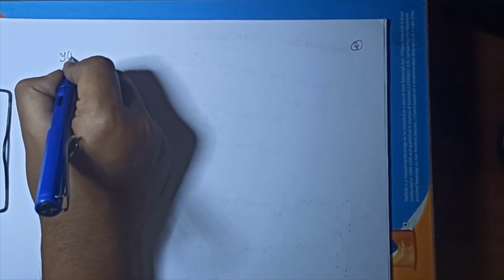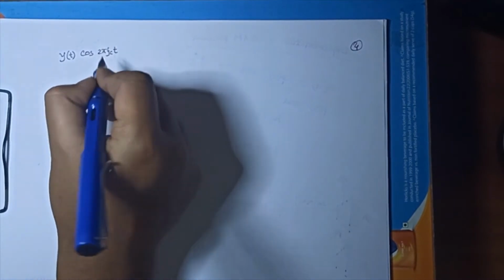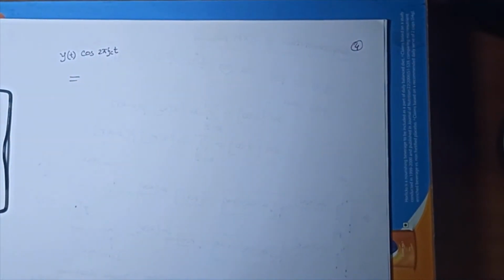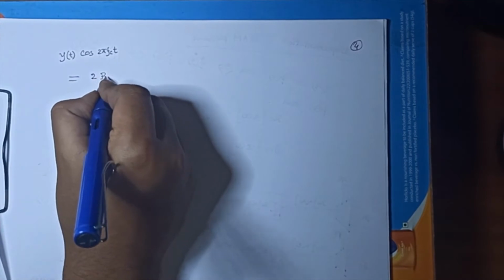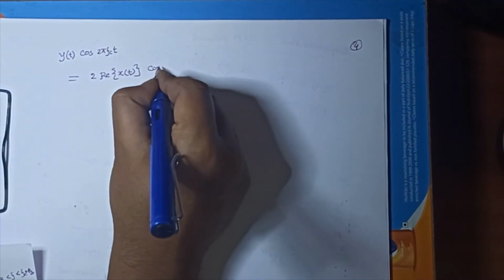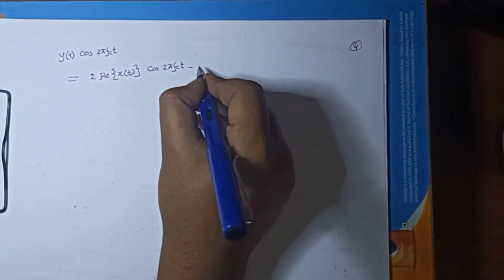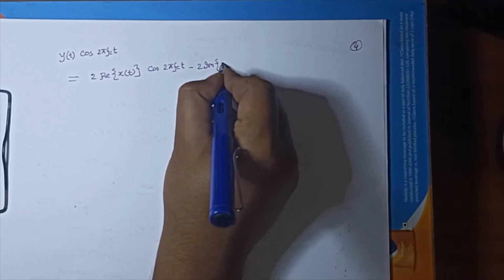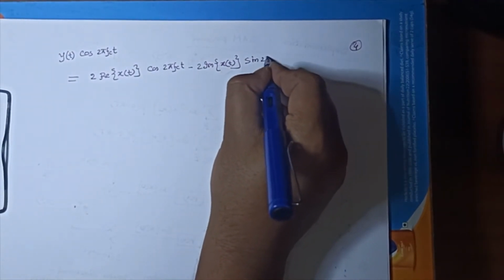So yt cosine 2 pi fct. yt I have already written here, so let us write it down: 2 real xt cosine 2 pi fct minus 2 imaginary xt sine 2 pi fct.